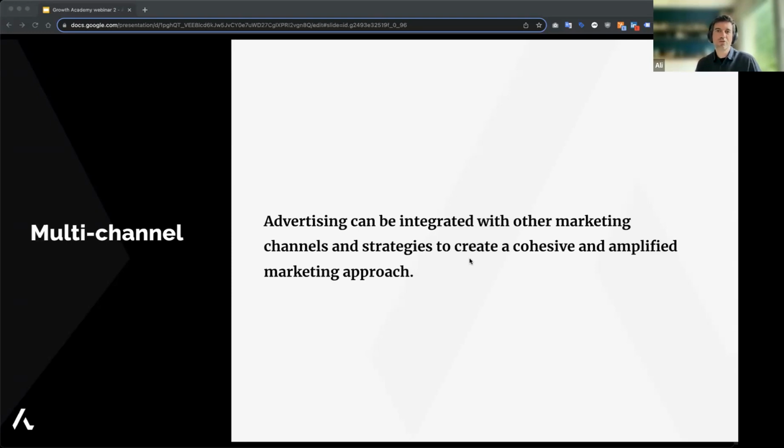Let's say you are running a PR campaign. You have something important to announce. You can support it using advertising. You can drive traffic to it. Let's say you are sending an email campaign out, and then you drop those leads into a nurturing, and at the same time you can follow them on advertising platforms using paid advertising.